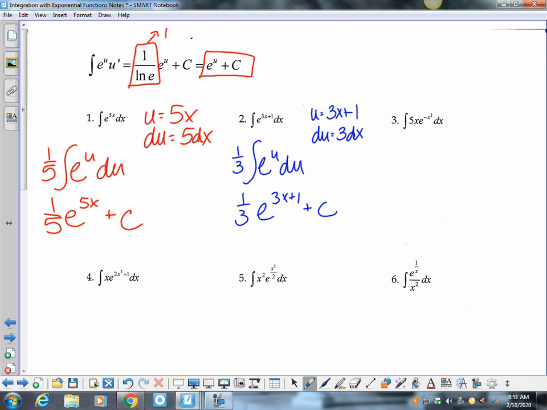Perfectly said. These are not difficult. You just have to know your formulas. And you have to be comfortable enough.